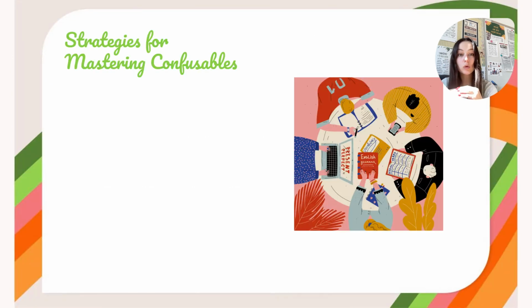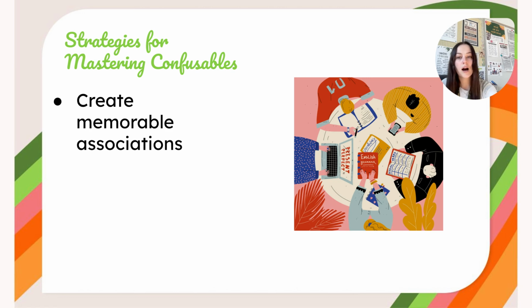All right, so for actual words that are confusables, I am done explaining. There are other confusables I didn't touch on, but those were the major ones that I think are important for you all to know. And so, a quick strategy I have for you all is to create memorable associations, right? So, except and exclude both start with the EX, right? When they mean to deny something or exclude something.